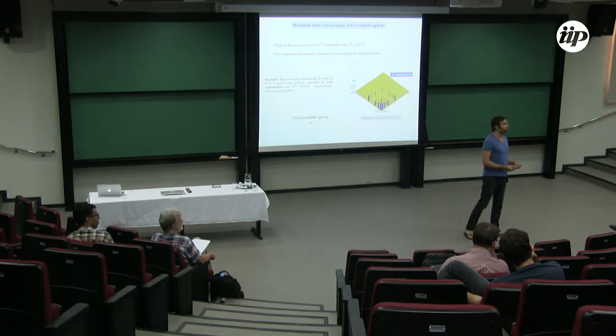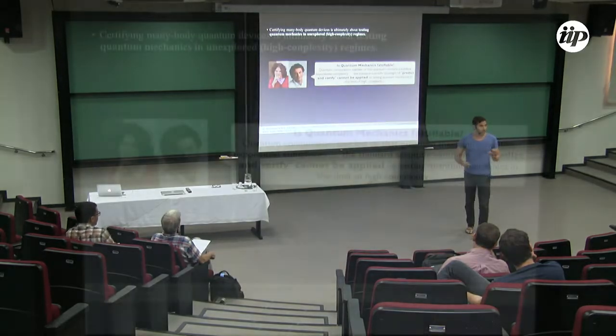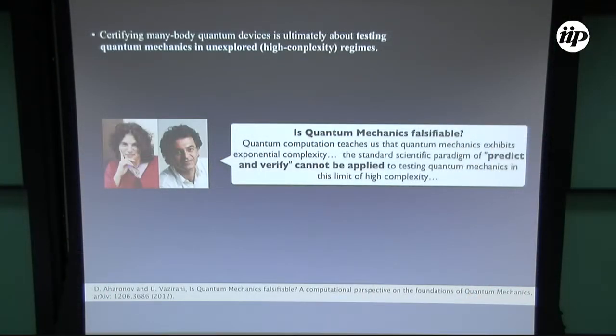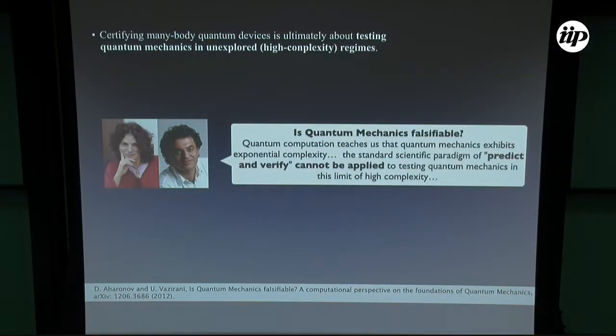So what I like about the other slide here is precisely that I'm not here to say that quantum mechanics is false, but it might be the case that at some point there will be something beyond quantum mechanics, right? At some point we will succeed in the unification of gravitation, quantum mechanics and relativity, for instance.